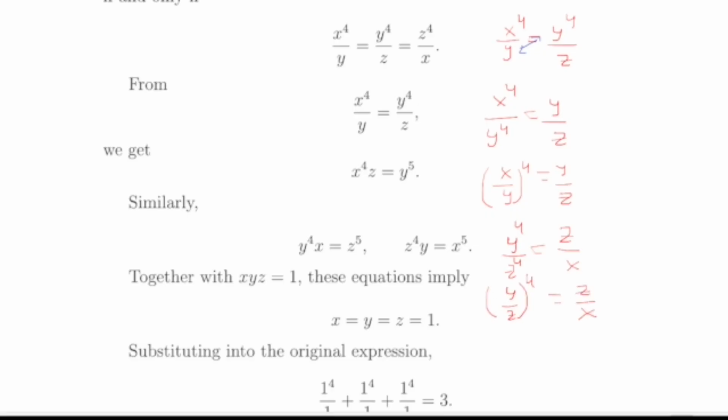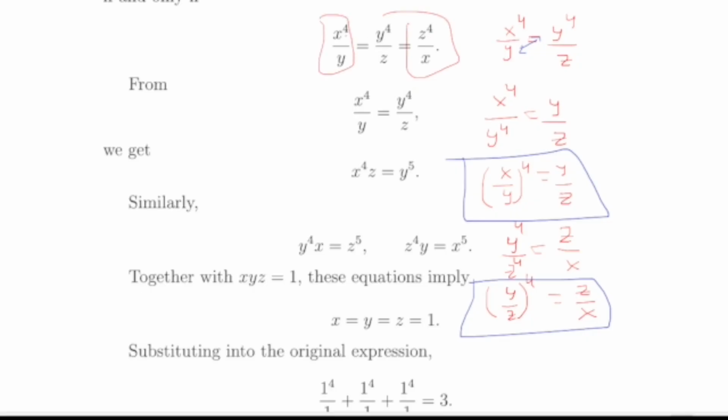I'm going to put a box around these. And then finally, we could do it with these. We'll flip the x's and end up getting z to the fourth over x to the fourth equals x over y, which means that z over x to the fourth is equal to x over y.